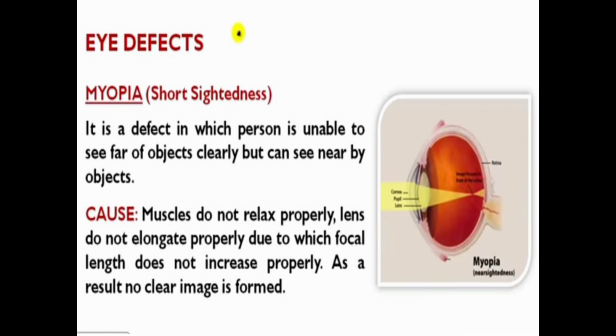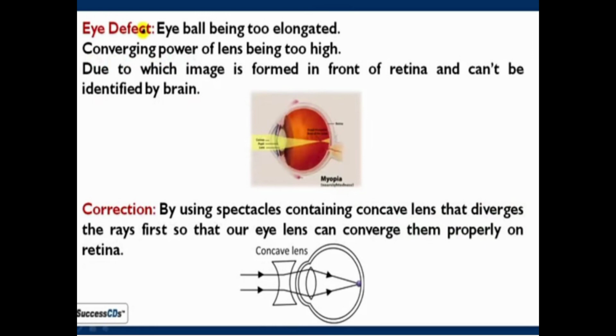The defect in the eye due to myopia is that the eyeball becomes too large, due to which the converging power of the lens also becomes very high, and that's why the image is formed in front of the retina, which the brain is not able to identify.